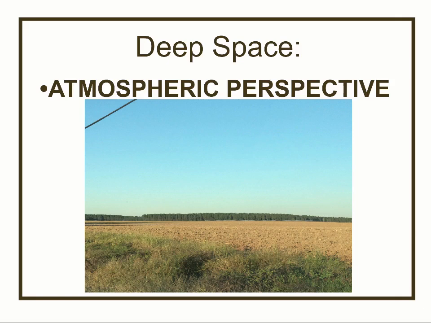So all those particles in the air get between you and what you're looking at. Those particles cause changes in surface, changes in color, and changes in shape. So we're going to talk about each of those individually, and then we're going to really hone in on how those changes in color affect the way we see things.